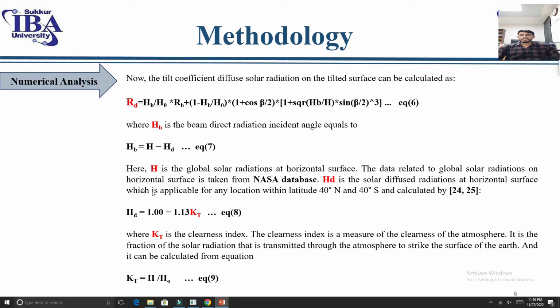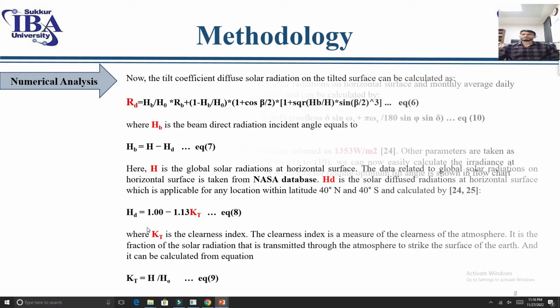And HD can be calculated with equation 8, where KT is the clearness index of the atmosphere. KT can be calculated with equation 9, and it is the ratio of H and H naught.